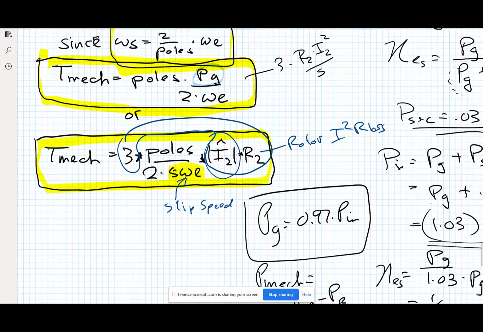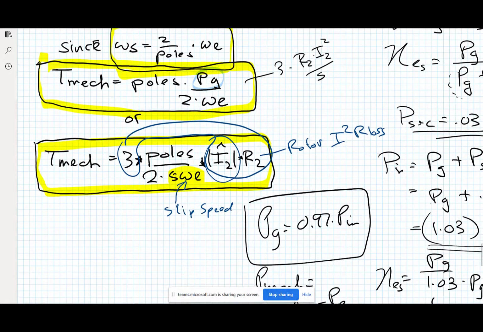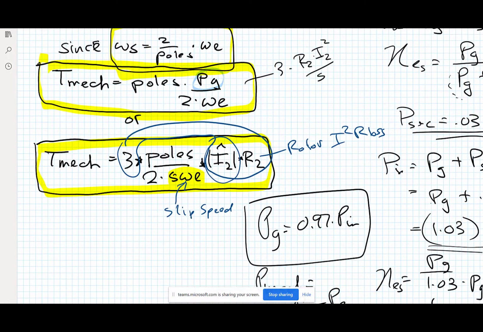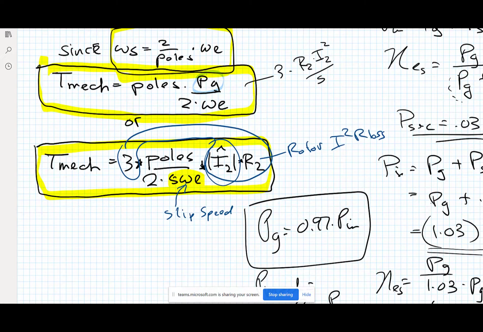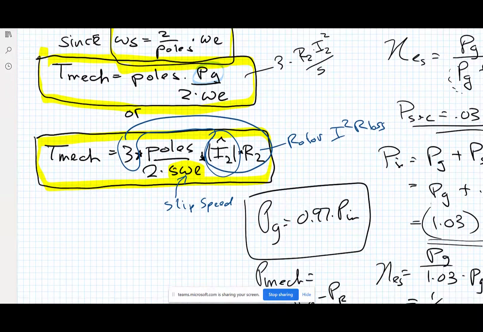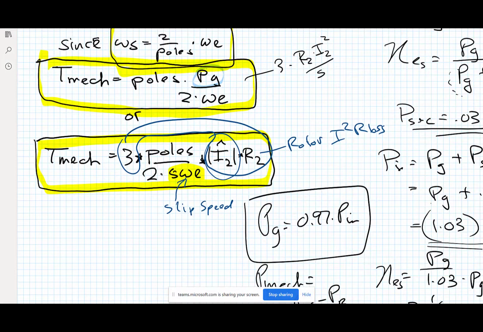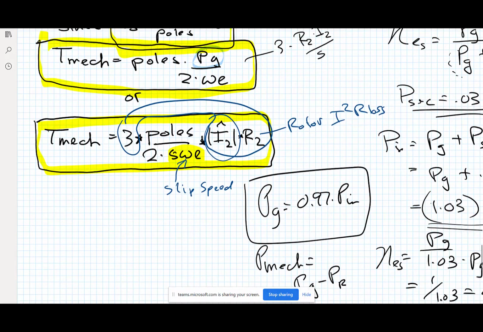There's one more equivalent circuit that's given in the book that we won't have time to talk about that enables you to find torque from the input voltage. And that's the equation that's used to derive what's called speed-torque curves, where you would have, just like we did for the induction motor, the speed, this could be the synchronous or it could be N. The shape is going to be the same.